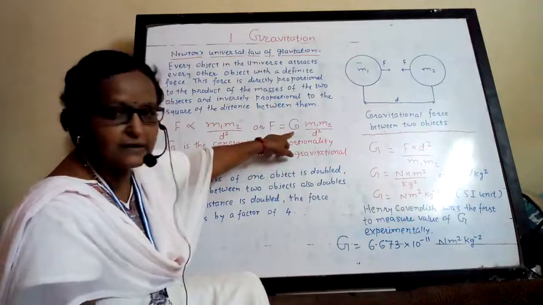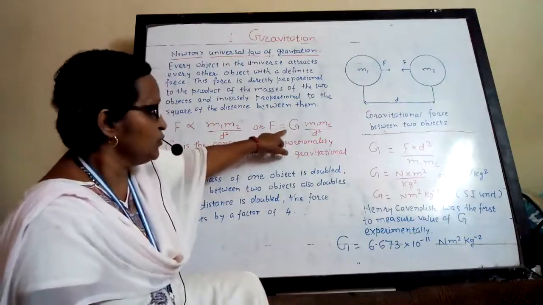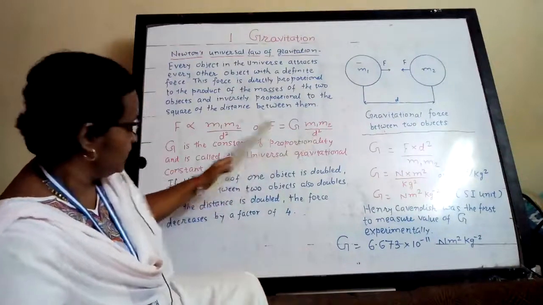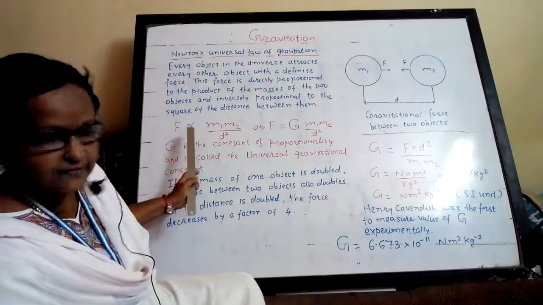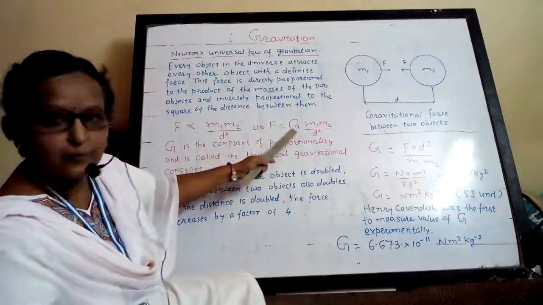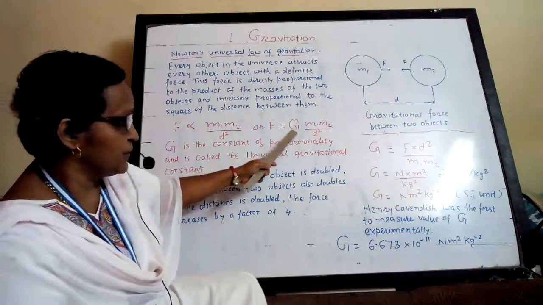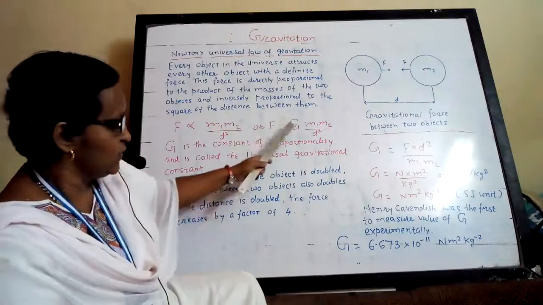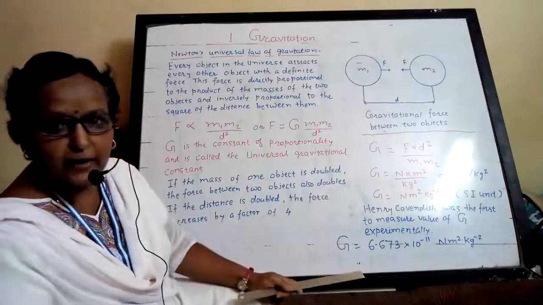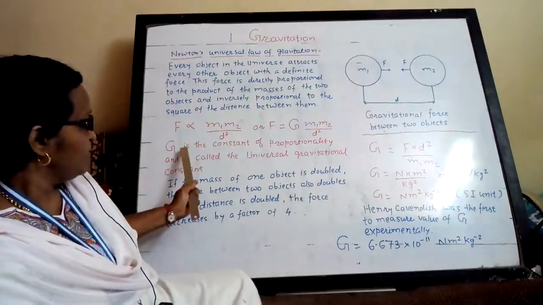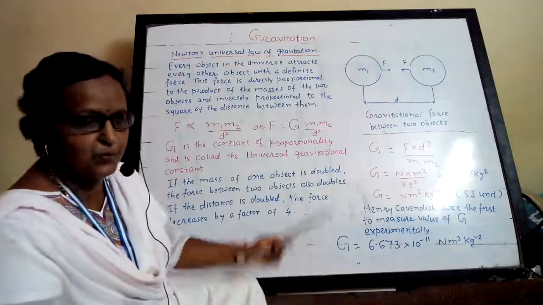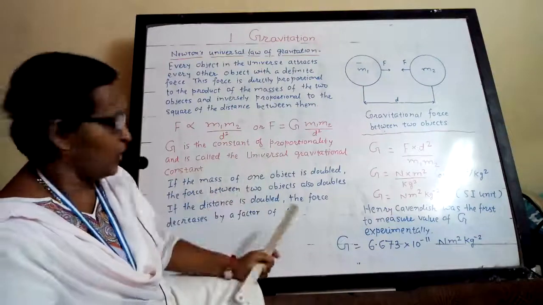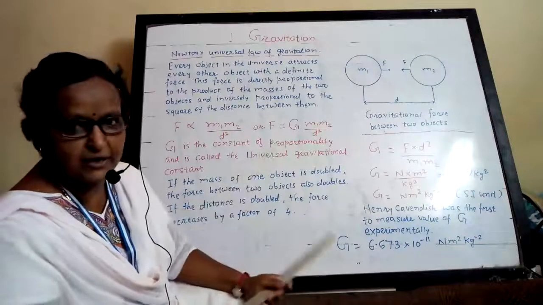That constant is here G. F is equal to G m1 m2 divided by d square. We have removed the proportionality sign and taken the proportionality constant, G. So F is equal to G into m1 m2 divided by d square, where G is the constant of proportionality, and it is called the universal gravitational constant.